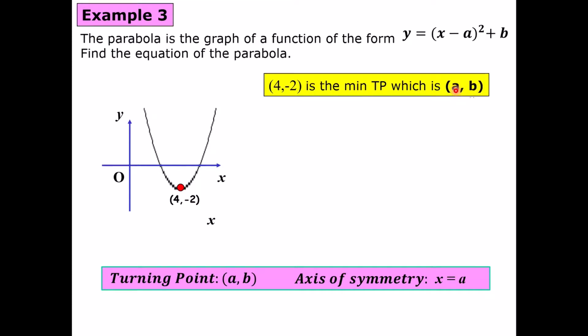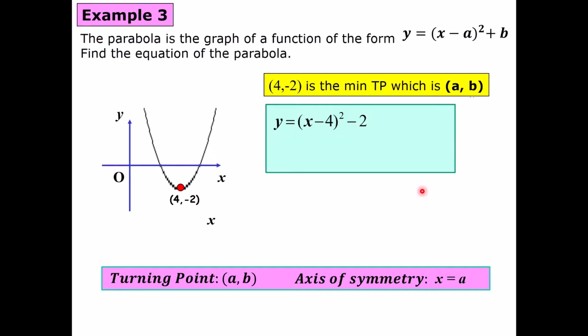So what we're simply going to do is substitute 4 and -2 into our equation here. So we're just going to replace the a with 4 and replace the b with -2 to get this. So y equals (x minus 4) squared, we've replaced the a, minus 2.